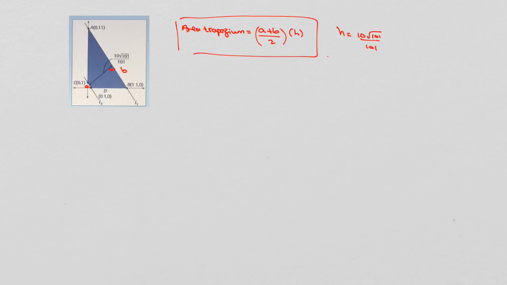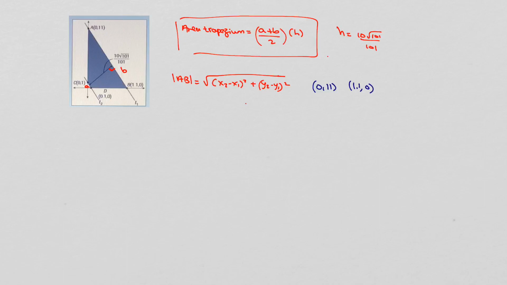So I've marked here C to D and A to B. So if I find the length of AB, that's the distance between the 2 points. So it's the square root of x2 minus x1 squared plus y2 minus y1 squared, where my 2 points here are A and B. So 0, 11 and 1.1, 0.